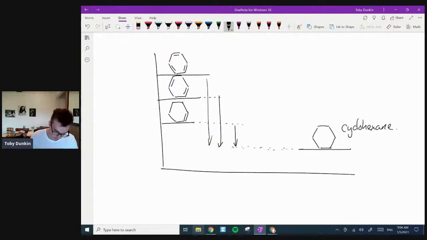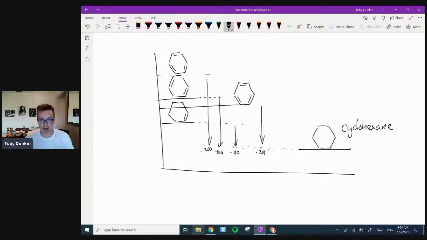Benzene sits at about there, actual minus 218. This was minus 360, this was minus 240, this was minus 120, and benzene is actually minus 218. So it's way out of sync.